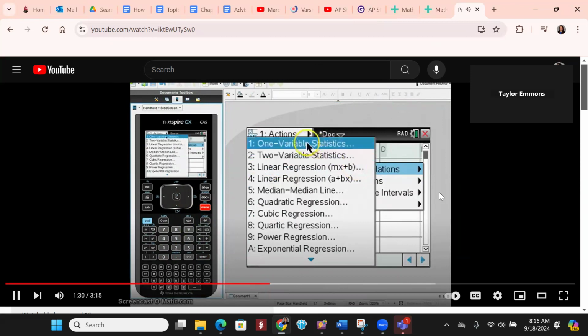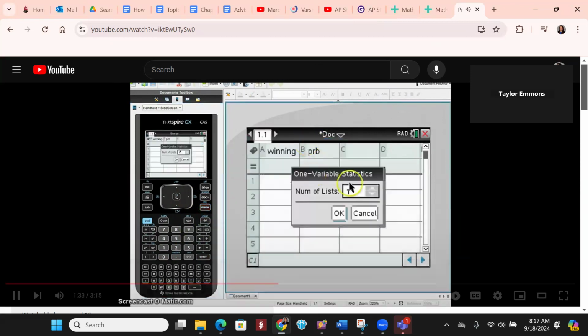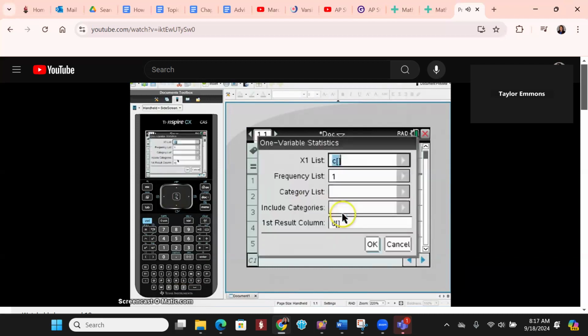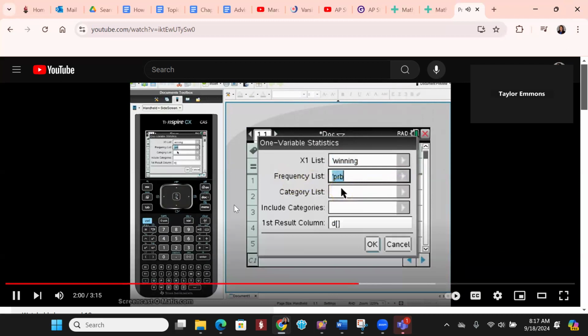Okay. So this is the only difference. That frequency is going to change to probability.